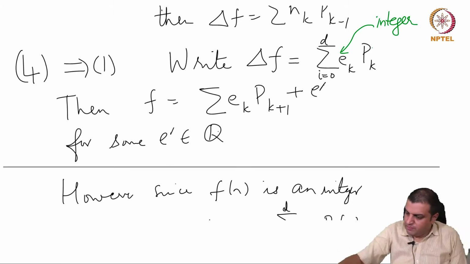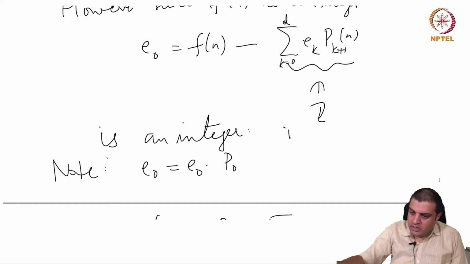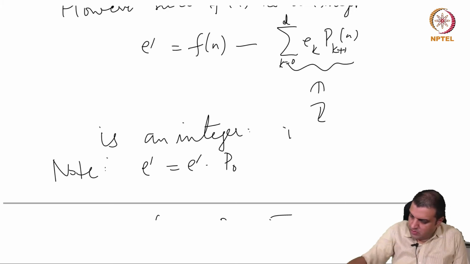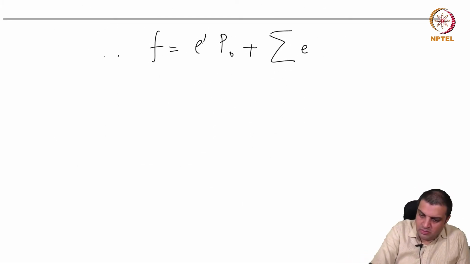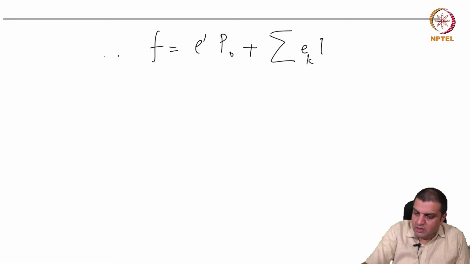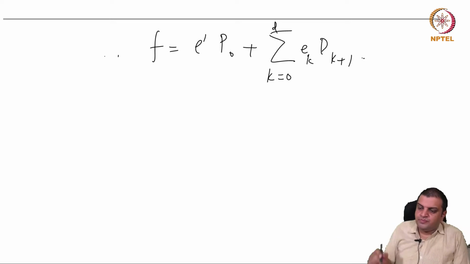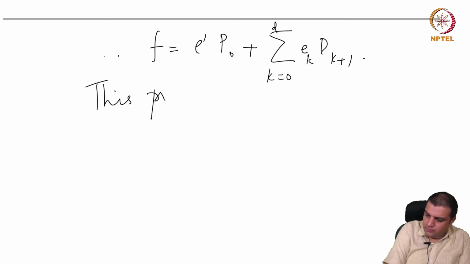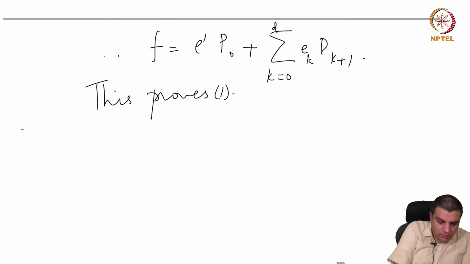And so this is e prime p_0 plus the sum of e_k p_(k+1), k goes from 0 through d. Okay, so this proves 1.